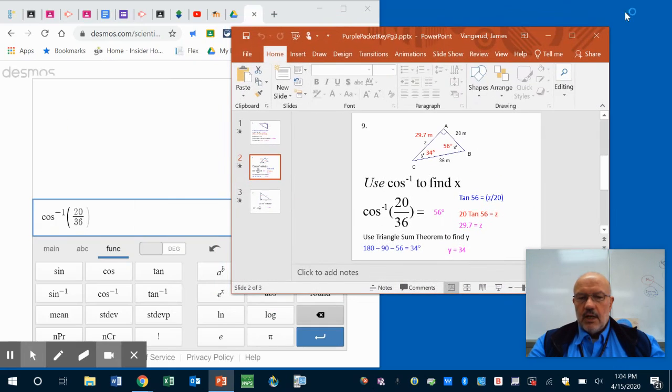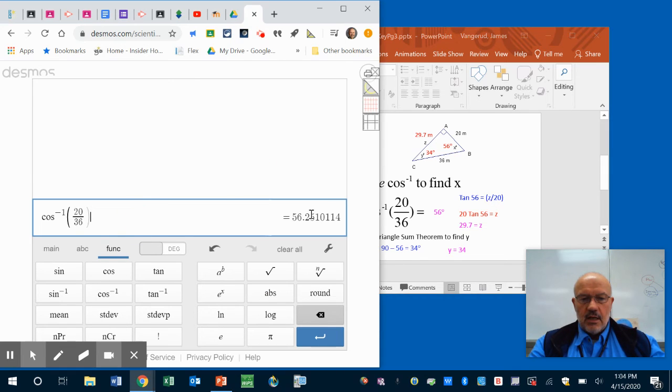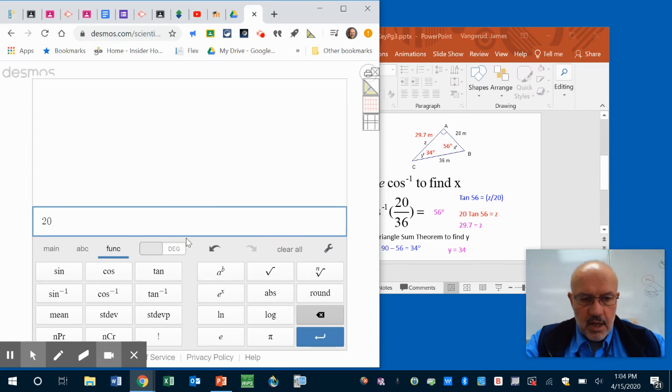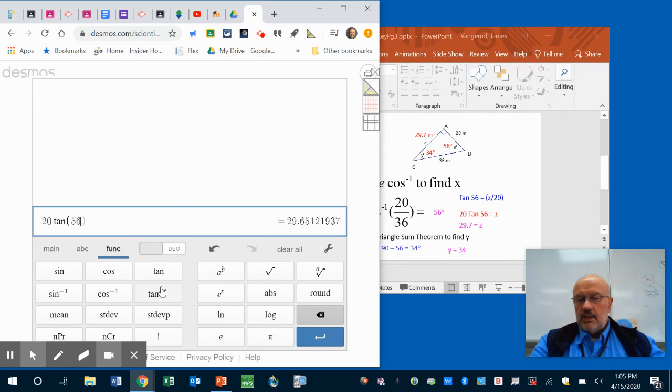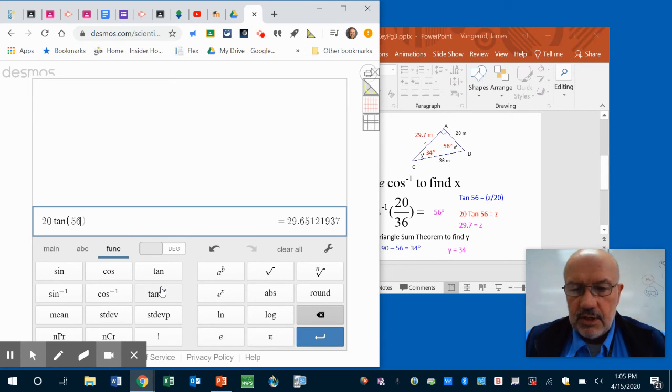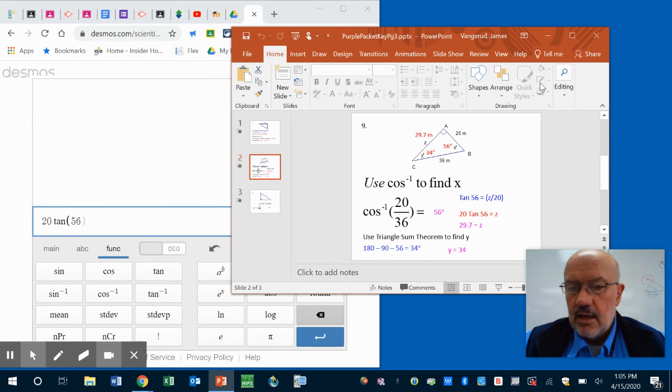Let's go prove it. So 20 times the tangent of 56. So 20 tangent 56. One of the reasons I made the choices I made was because I want you to see how each of the tools is used. And so this is a chance for us to use another tool that we haven't necessarily used that much in this process yet.